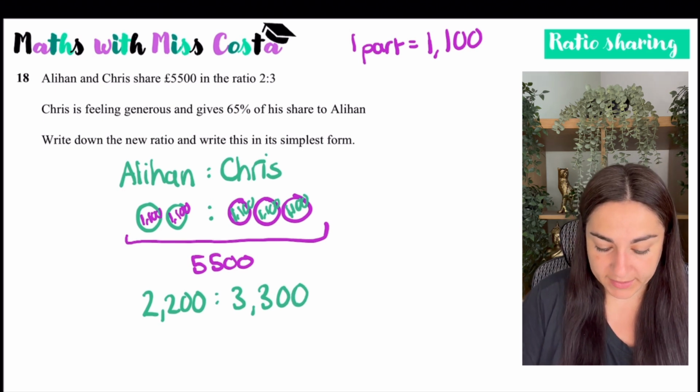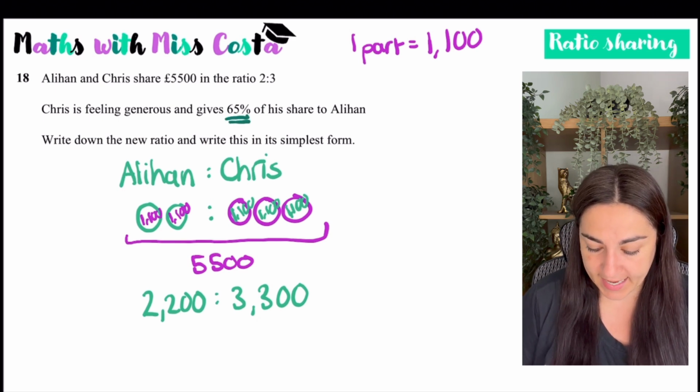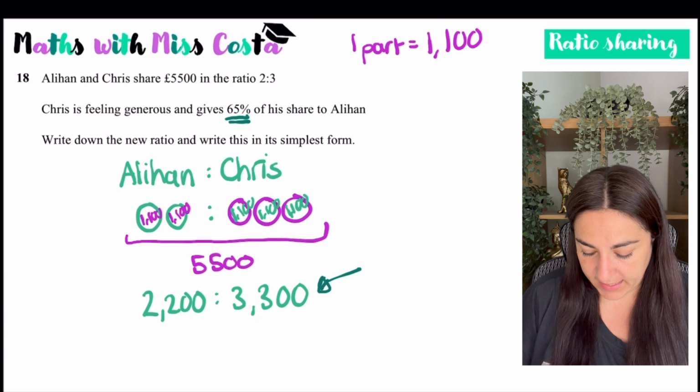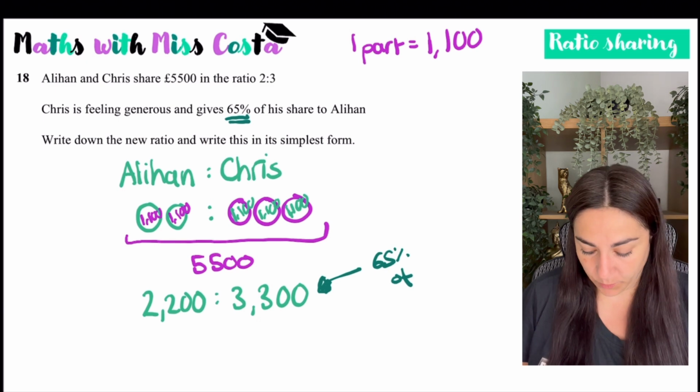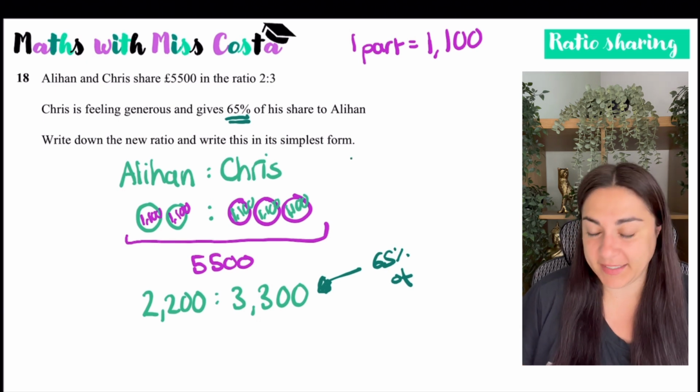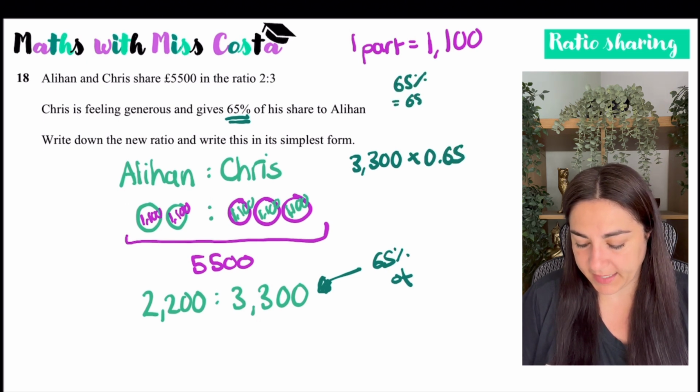I'm then told that Chris is feeling generous and gives 65% of his share to Alahan. So he gives 65% of this to Alahan. So I work out 65%. There's loads of ways I can do it, but the multiplier way is the best. So I do 3,300 times 0.65, because 65%, what does that mean?